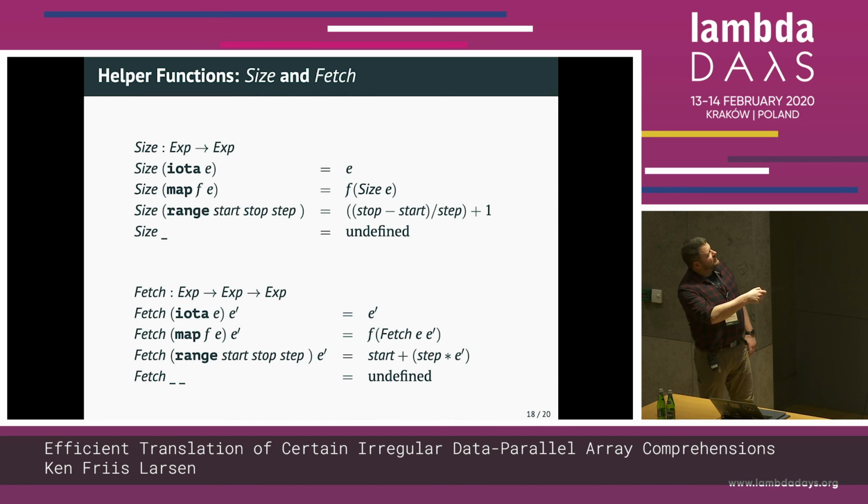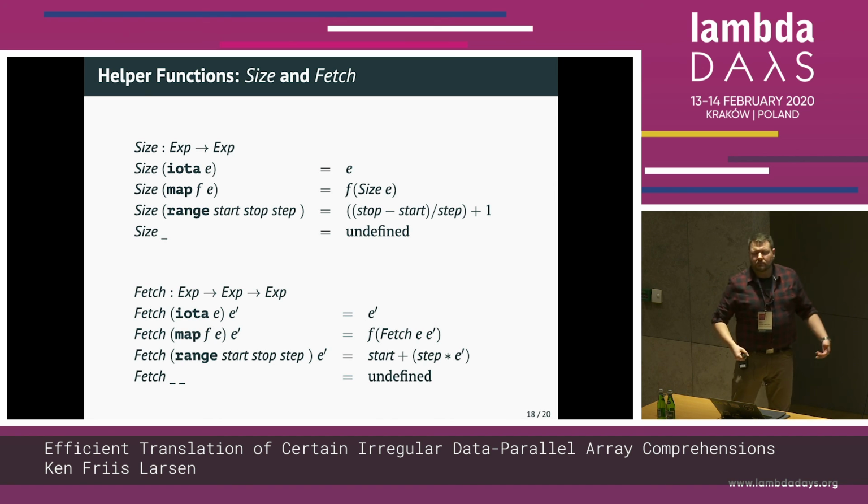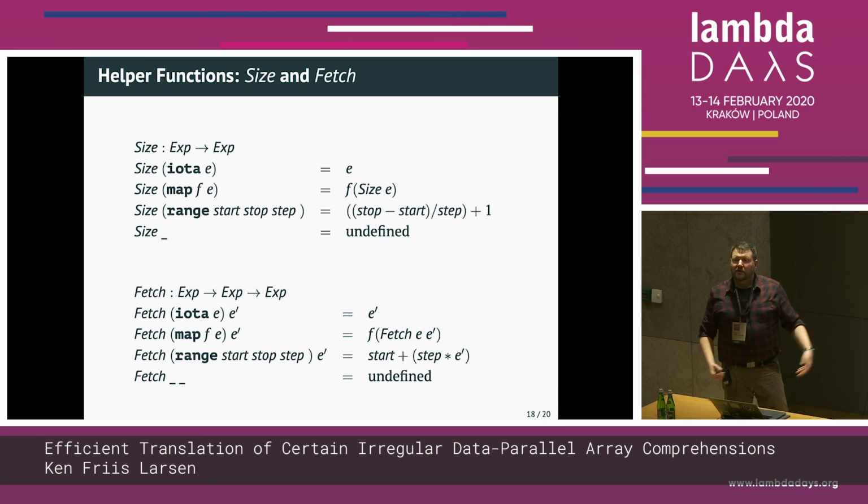These are simplified versions, but basically if we have an iota, we need to know the size of things, so this is the limitation: if we don't know what we are expanding into, then it doesn't work. So this will sometimes fail at the moment.